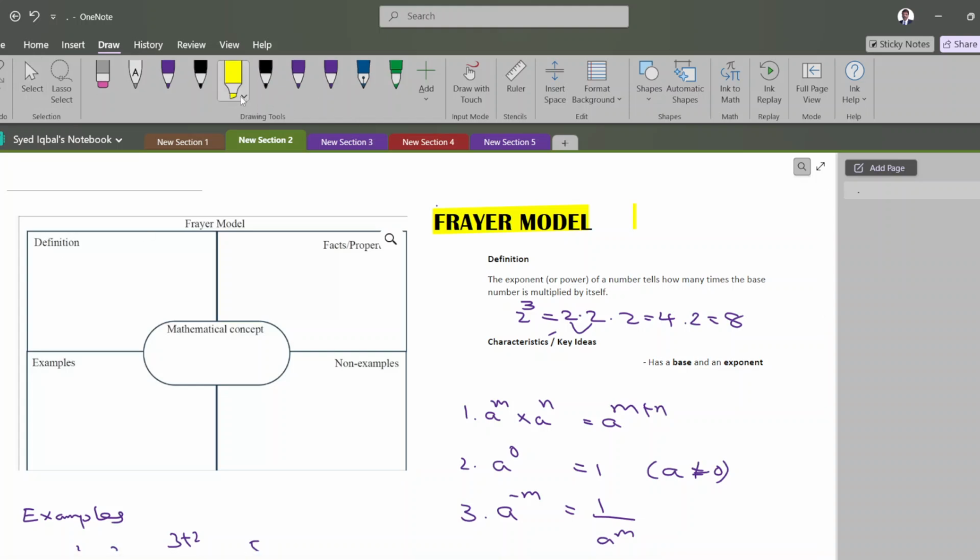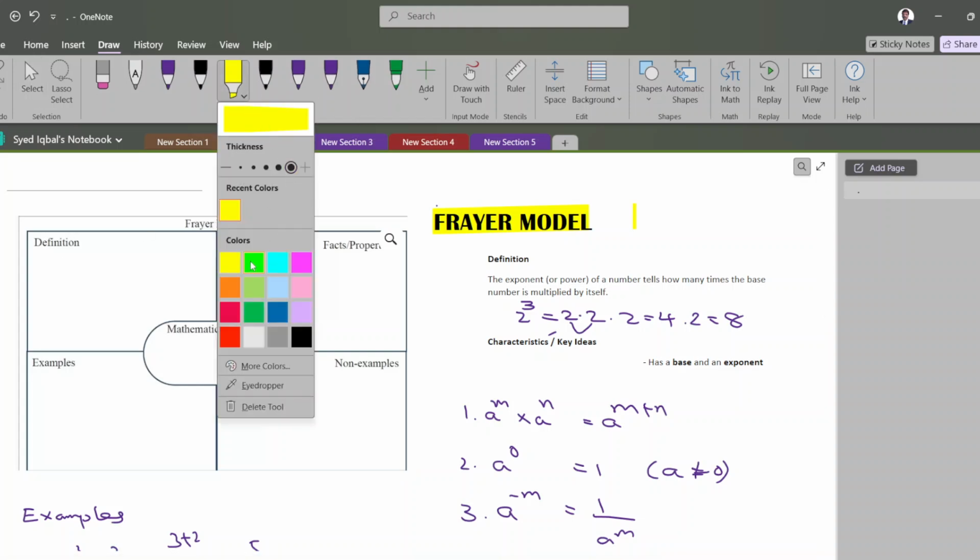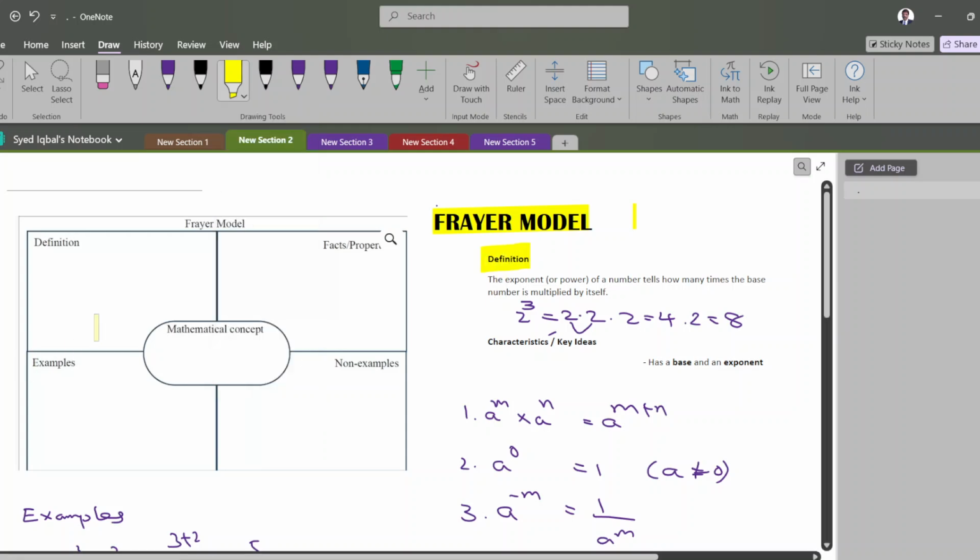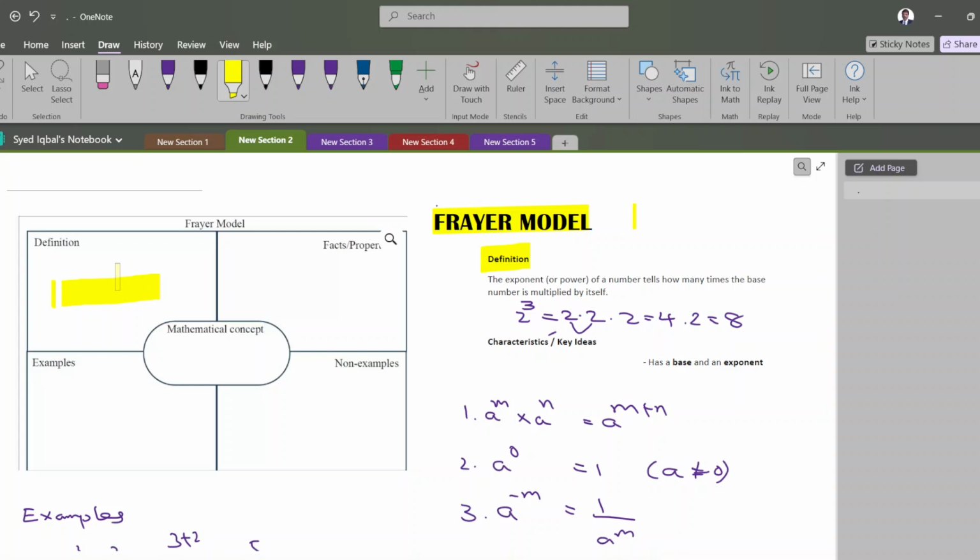What is the definition? We are taking the topic of exponents. What is the definition of the exponent? The exponent, or power, of a number tells how many times the base number is multiplied by itself.